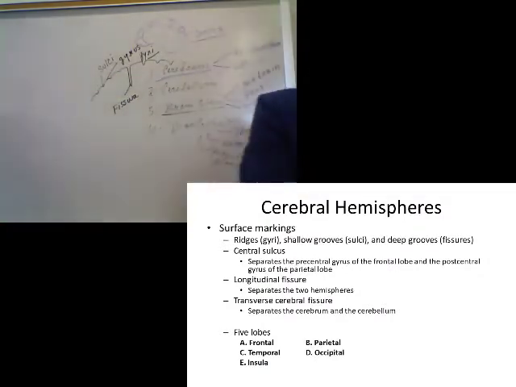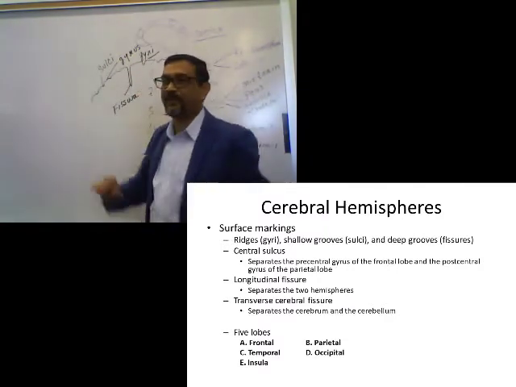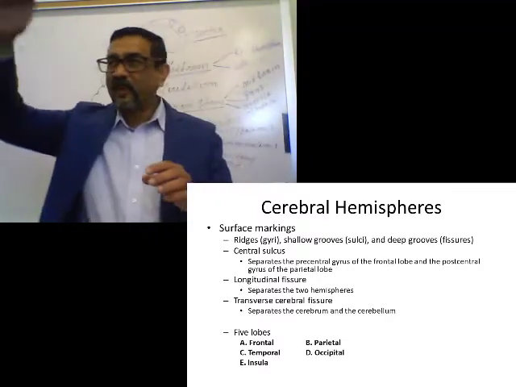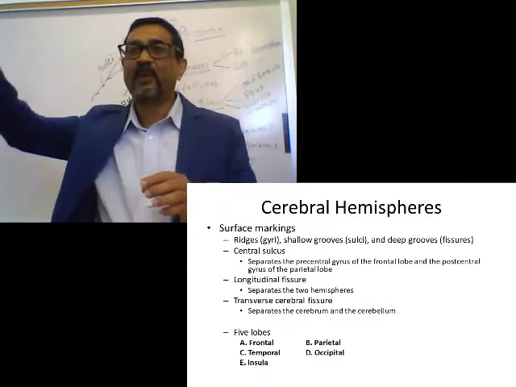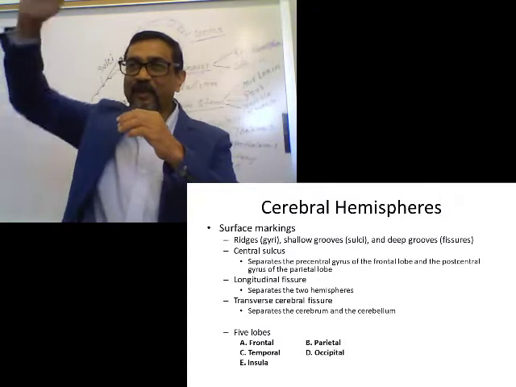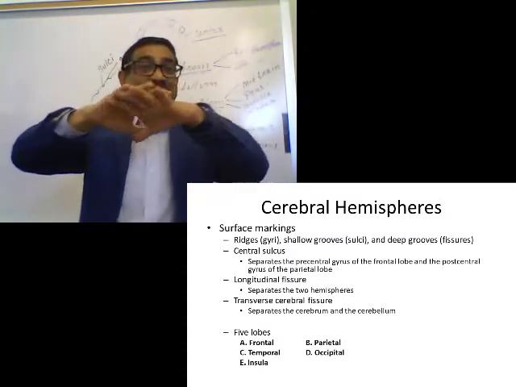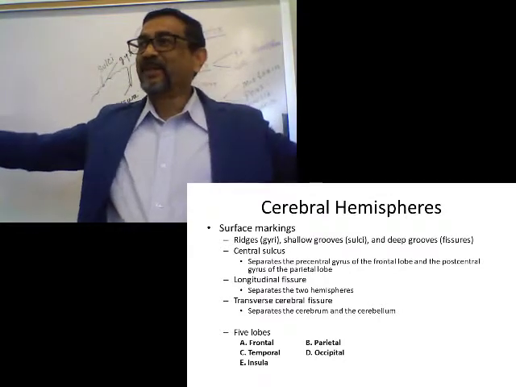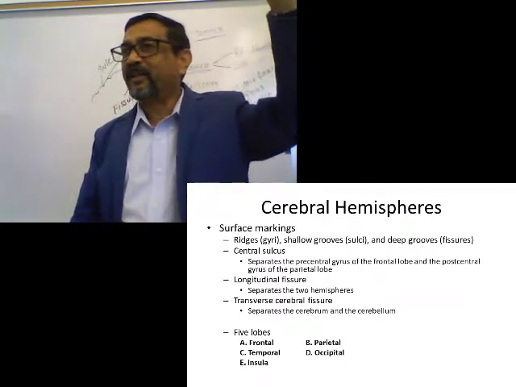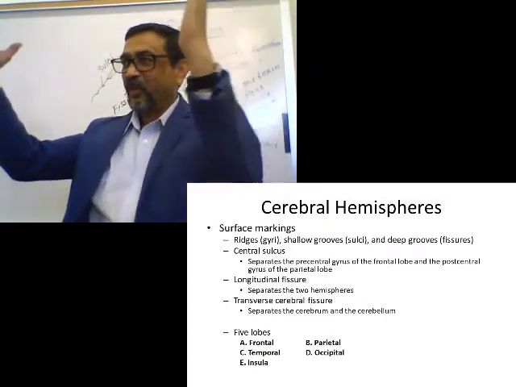Okay, so why do you have so many grooves on the surface of the cerebrum? Why? What do you think? Why do you have so many grooves like this? It increases the surface area, right? It's like a curtain, the curtain you use in the windows. You can squeeze, right?